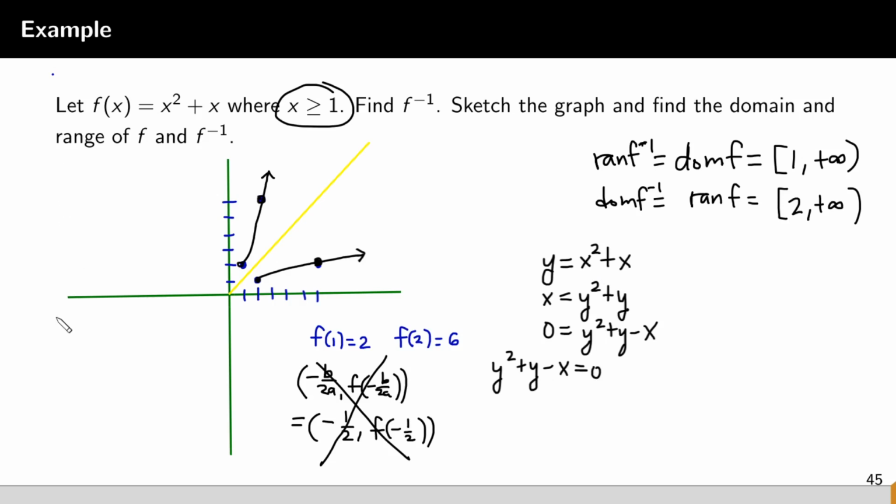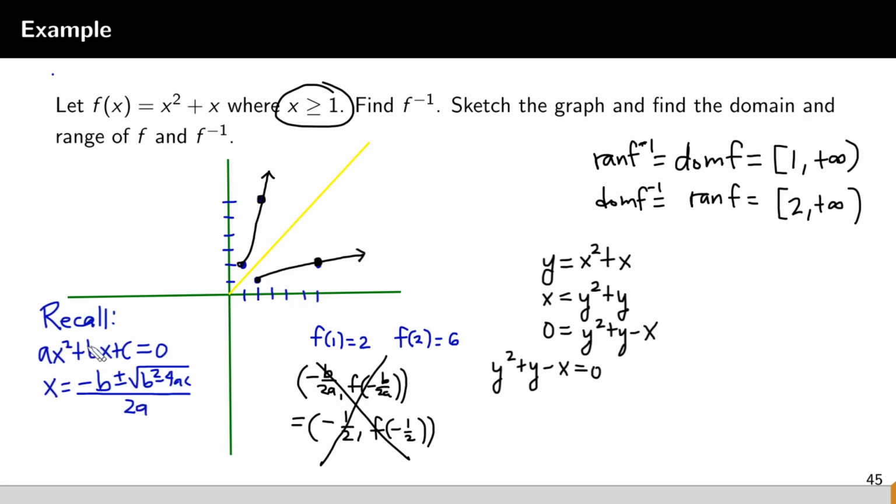What is the quadratic formula again? Isusulat ko yung usual version ng quadratic formula. If you have ax squared plus bx plus c equals 0, x is equal to negative b plus or minus square root of b squared minus 4ac over 2a. Yan yung quadratic formula na familiar tayo from high school. Okay.